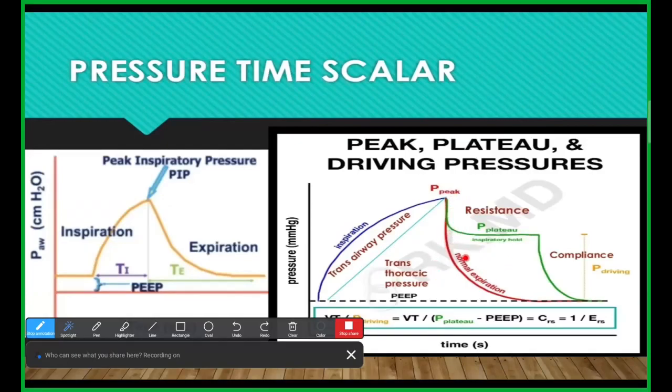This pressure difference is called your driving pressure. It maintains a plateau, and after some time, this pressure also falls and the expiration follows. This part of the curve gives your transthoracic pressure, which mainly depicts your alveolar compliance, and this gives information about your transairway pressure, that is the resistance of your airway system.